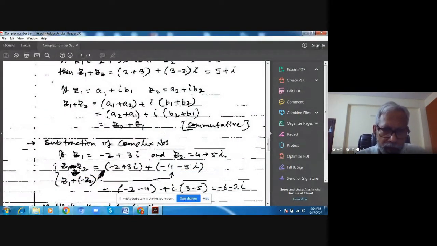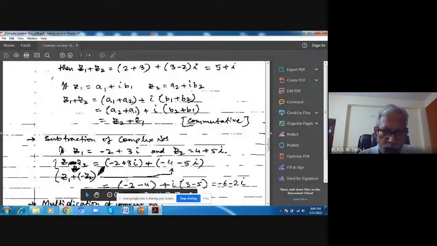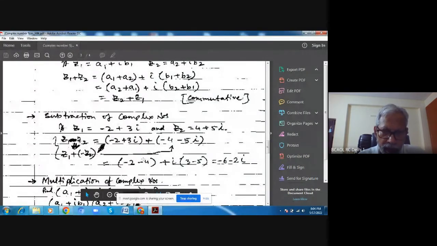Now subtraction of complex numbers, Z1 minus Z2. Same thing as usual. The real figures are -2 and -4, you can take them out in one bracket, plus the imaginary parts, plus 3 iota and -5 iota, you can put in another part, and iota is common. So finally it is -2 and 3. Sorry, here actually it is -2 and 3.